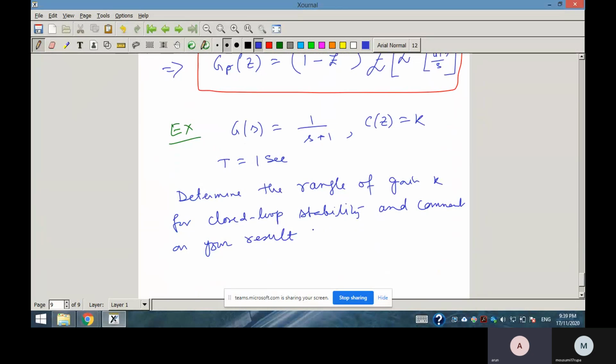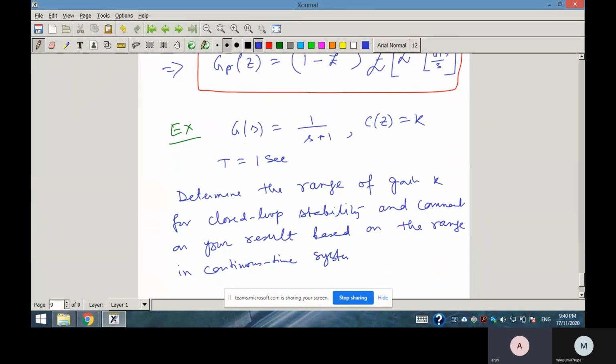as compared to its continuous time. Comment on your result based on the range in the continuous time system.